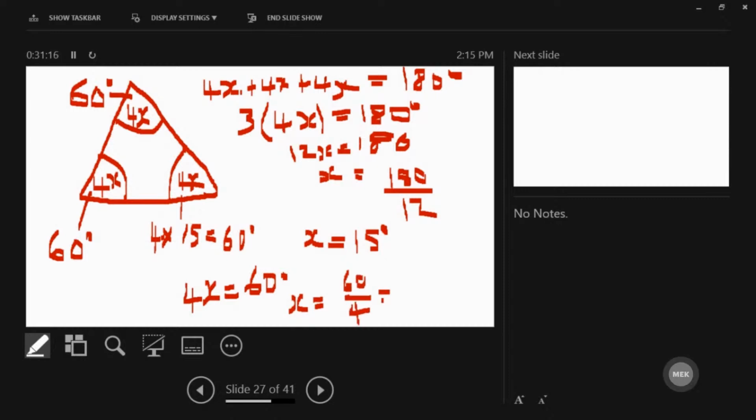So we could have come this route rather than using all of them. We know all of them must add up to 180, but we also know that in an equilateral triangle, this angle alone, or this one alone, or that one alone is equal to 60. So we could find it from there also.